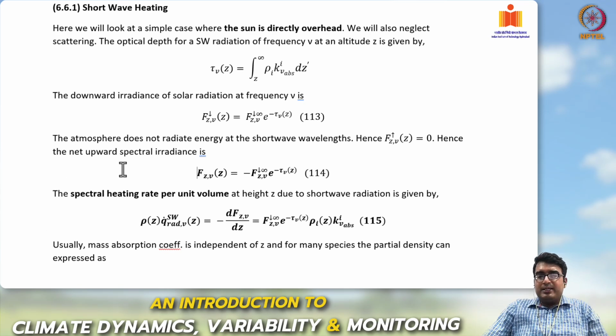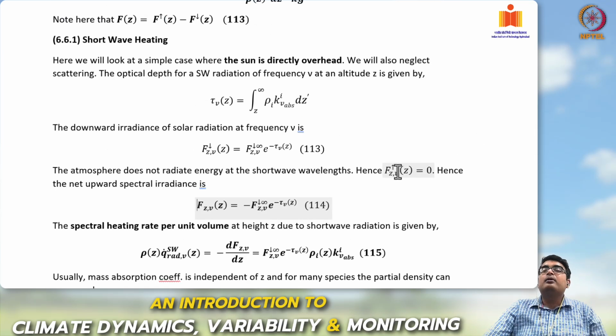The atmosphere does not radiate any energy at the short wave wavelengths, so the upward going short wave flux is 0. Hence the net upward spectral irradiance is Fz nu at z is minus Fz nu downwards, which is expressed by this term here. Okay.